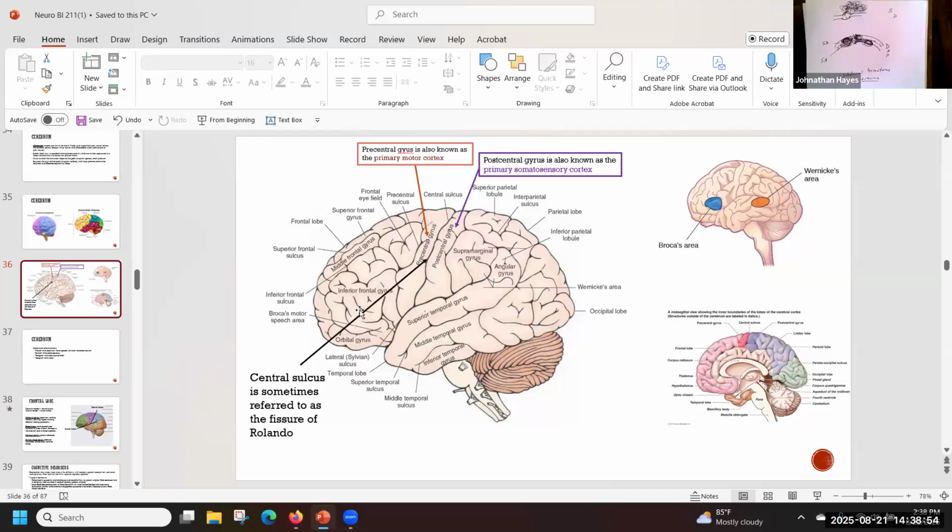So prefrontal cortex, thinking part, voluntary motor, motor for speech. Parietal lobe back here is the main part that is picking up, again, information from your skin and joints. So we sometimes call this the primary somatosensory area of the brain. But precentral gyrus and postcentral gyrus is another name for it.